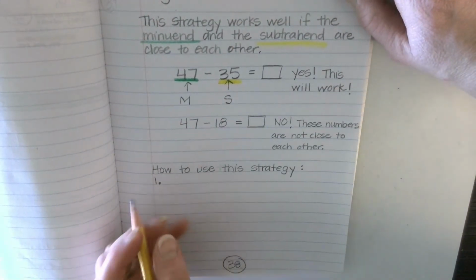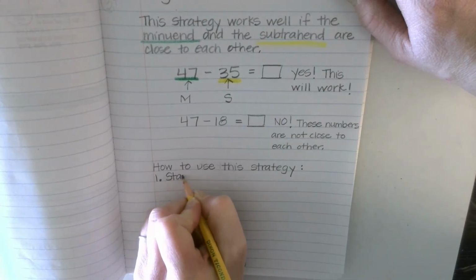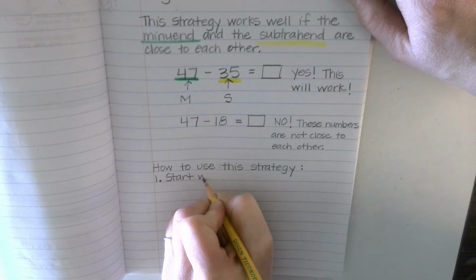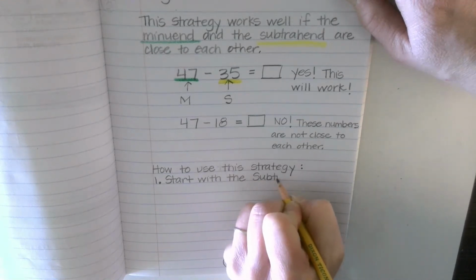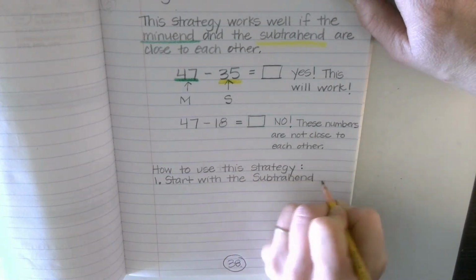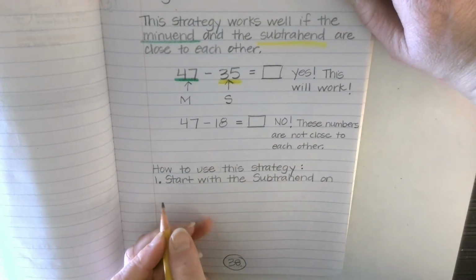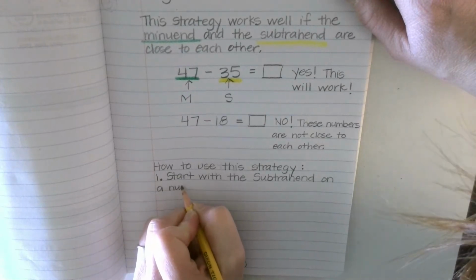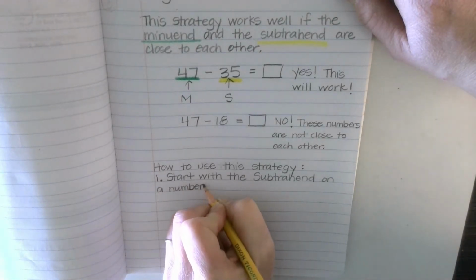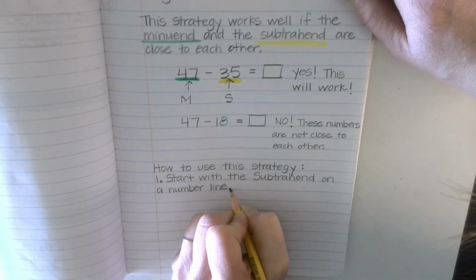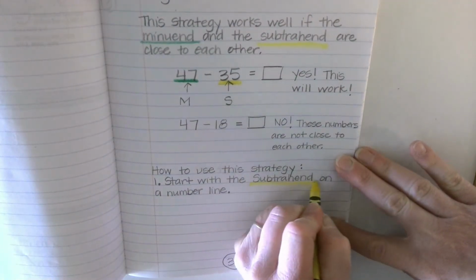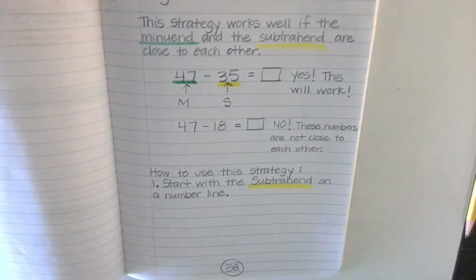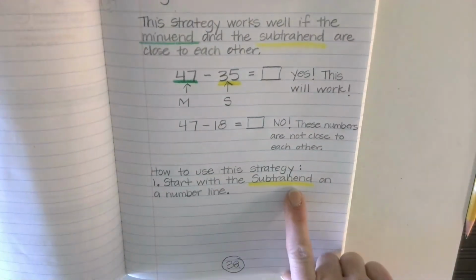Very good. One, start with the subtrahend on a number line. Okay, now subtrahend is my yellow number, that second number. I start with the subtrahend on a number line.